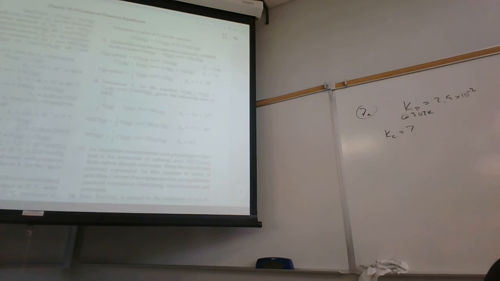But we know that Kp is in bar, since Kp is Canadian, so it's going to be in bars. And so this is in atmospheres, this is in bars. Although there are no units, Kp and Kc have no units because in reality they're based on activities. And so we need to convert. The conversion factor is that a bar is a little bit smaller: 1.01325 bar per atmosphere.